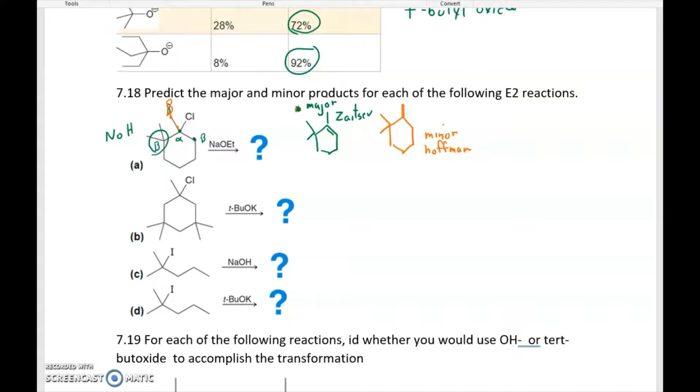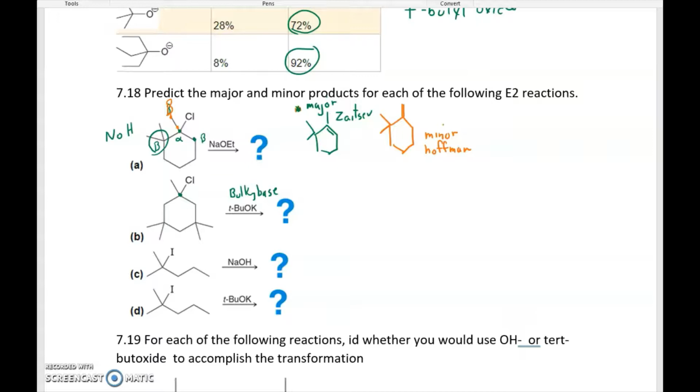Okay, the next one, we have this t-butoxide, and so this is a bulky base. And so we're going to favor the Hofmann product. So let's look. This is the carbon that is the alpha carbon.